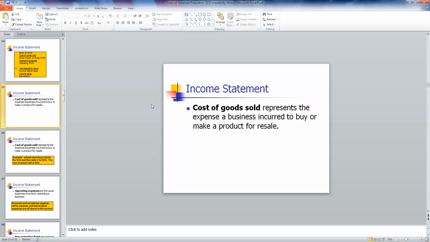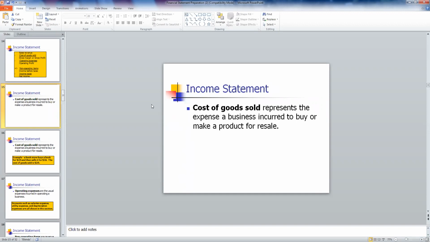So a little more detail on the income statement. The cost of goods sold, or cost of sales, represents the expenses a business incurred to buy or make a product for resale. So if I'm a merchandiser, Costco and Amazon, I don't make things. I buy them from suppliers and then I resell them to my customers.